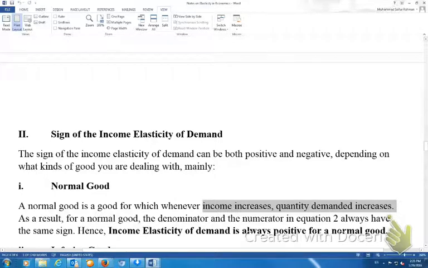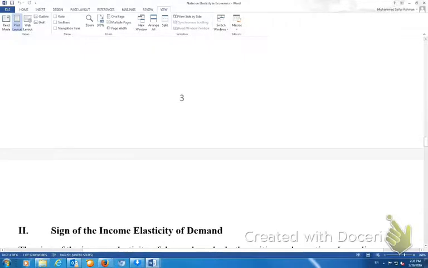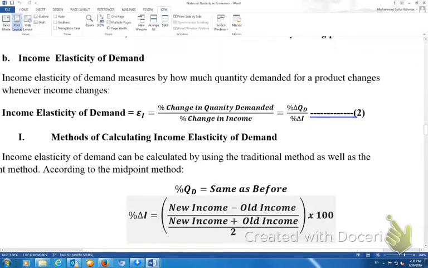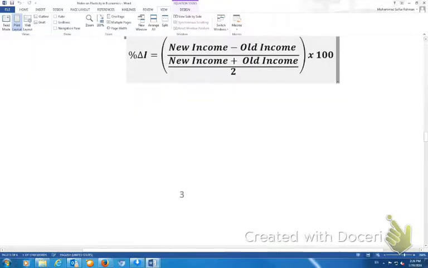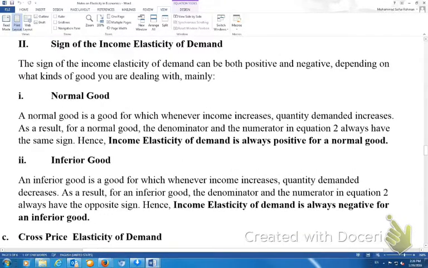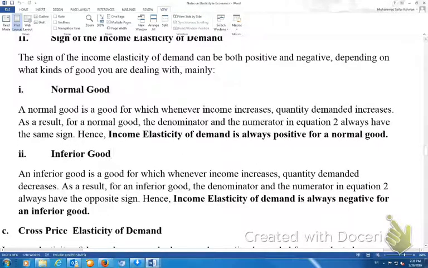So when income increases, quantity demanded increases, which means that for a normal good, the numerator and the denominator in the income elasticity of demand concept are always going to have the same sign. This is important because for a normal good, therefore, our income elasticity of demand is always going to be positive.